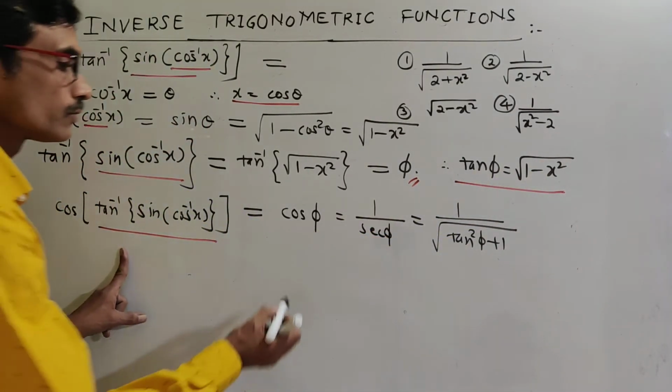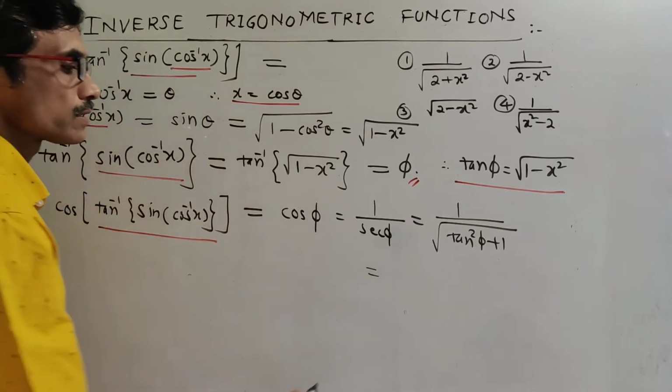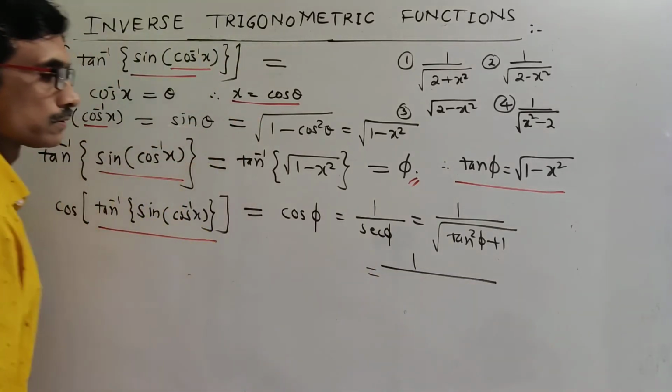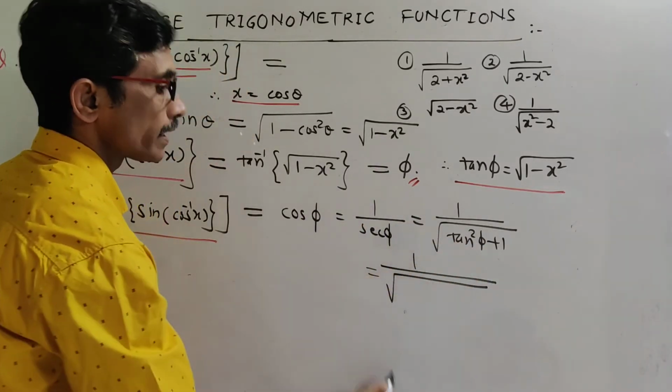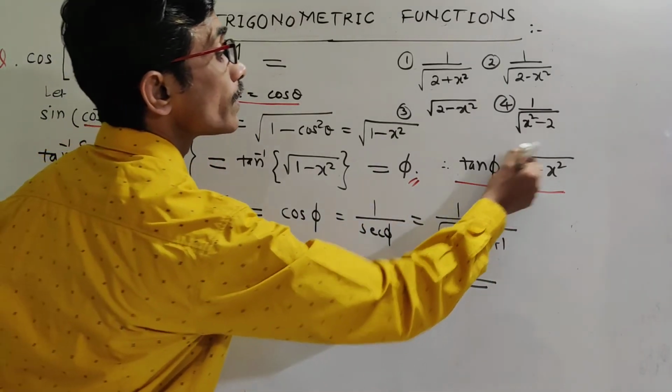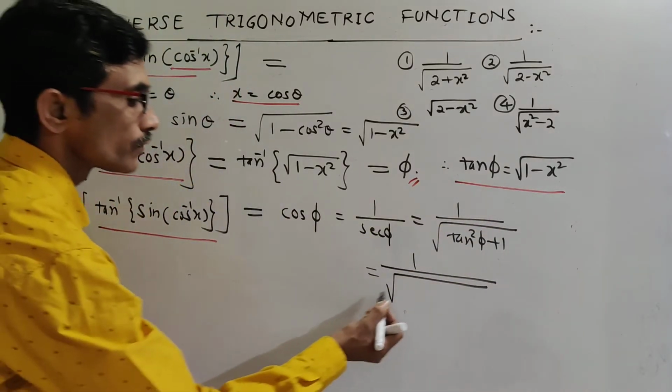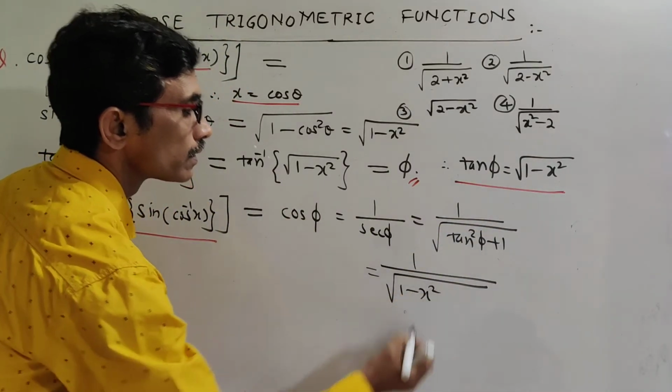So we substitute that over here, and it gives 1 upon square root of tan square phi plus 1. Tan square phi: the square root will be removed, and it is 1 minus x square, plus 1.